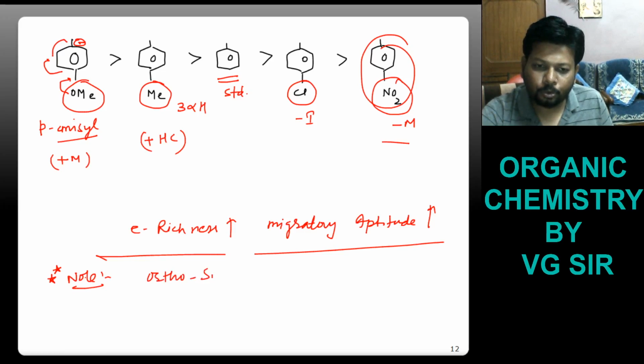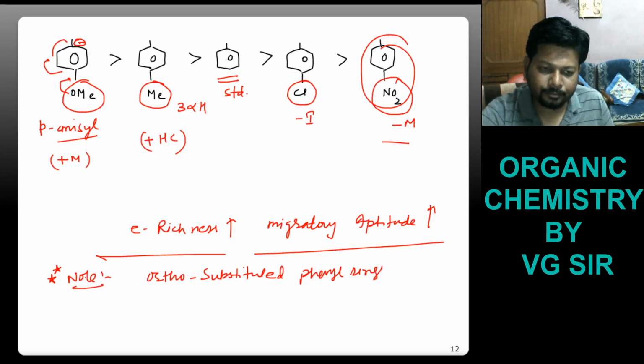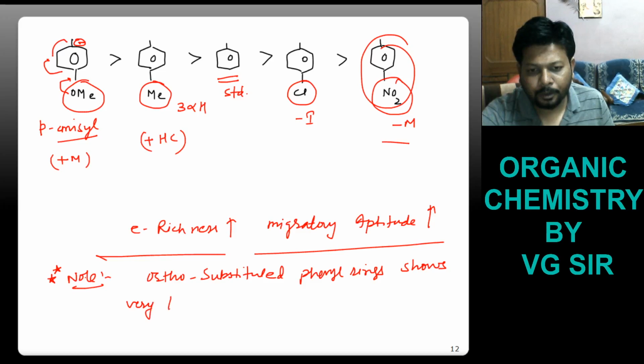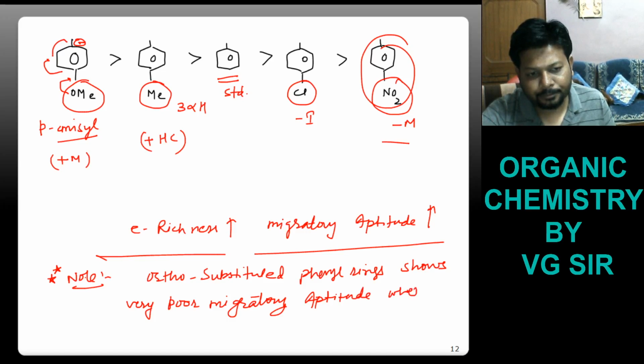Ortho substituted phenyl rings show very poor migratory aptitude, whether having an electron withdrawing group or an electron donating group.